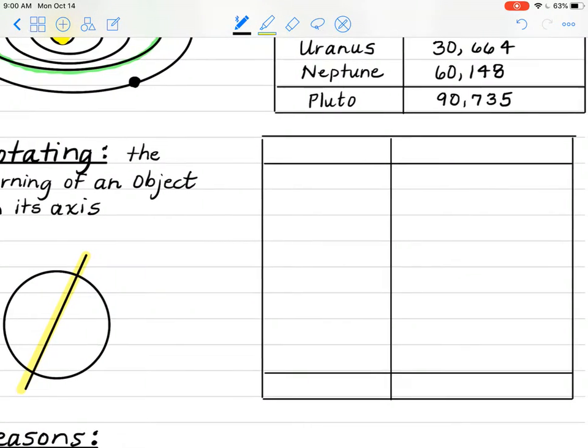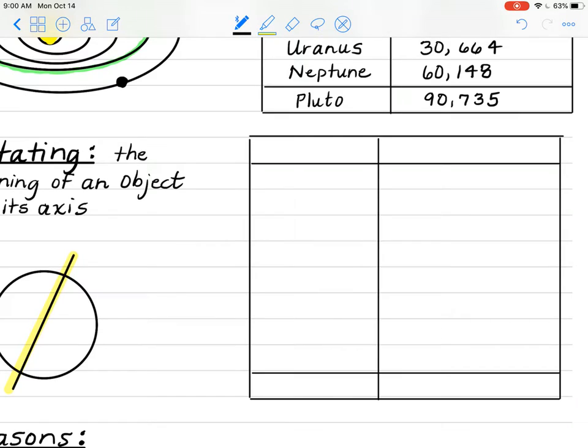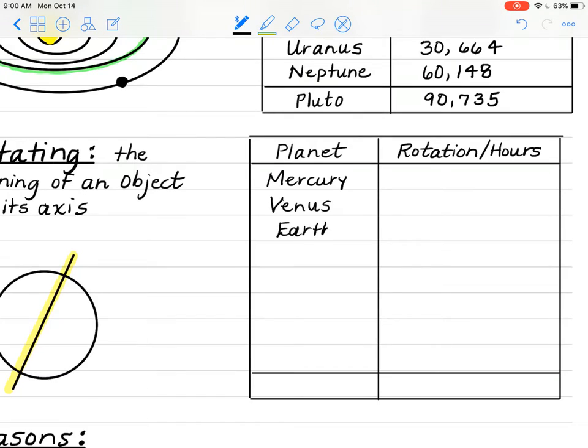Okay? All right, so this is telling me how long each planet takes to rotate, in terms of hours. So rotation in hours. And we know Earth, let's list our planets again. We have Mercury. So this column is giving me the planet names. Venus, Earth, and I know her time is 24 hours.